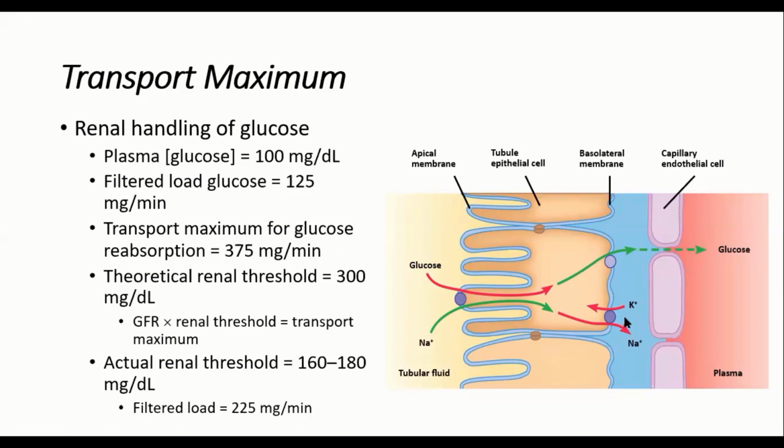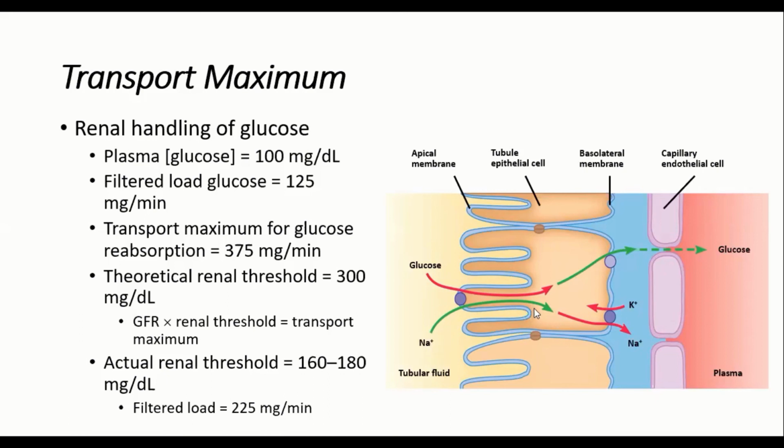Now, this is important for glucose because glucose moves into the cell using that same protein that allows the transport of sodium into the cell. So the transport of glucose into the cell is active because it's going against its gradient. There's more glucose in the filtrate, but it hitches a ride with sodium.